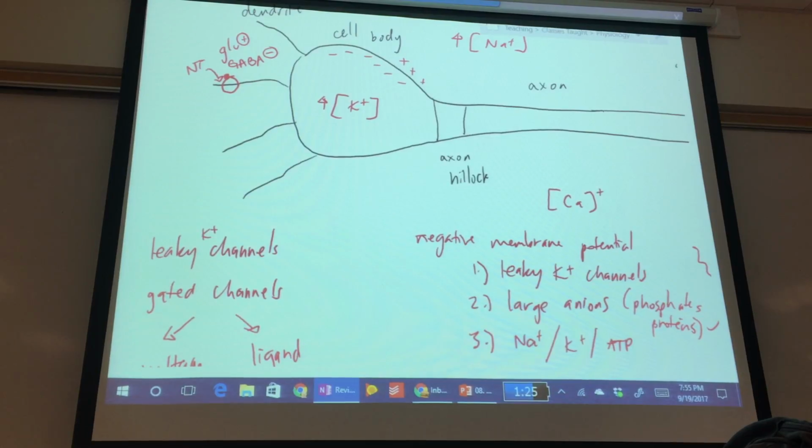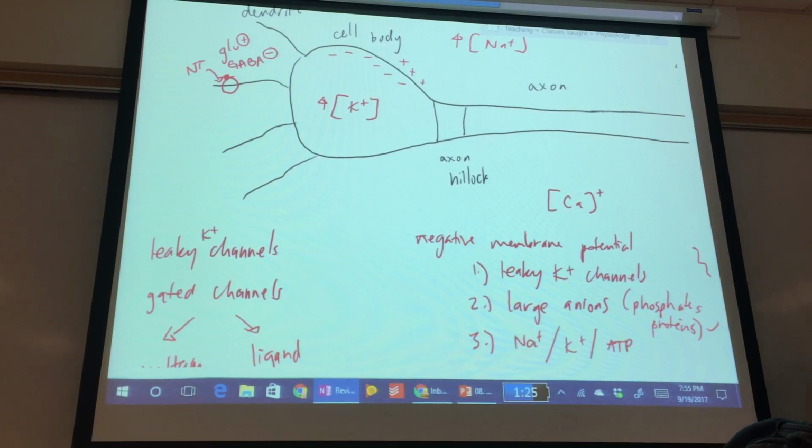Actually, I should have had you guys answer that. Where are our voltage-gated channels? Group in the front. Where would you see the highest concentration of voltage-gated channels? What part of the axon is the most sensitive portion? Axon hillock.